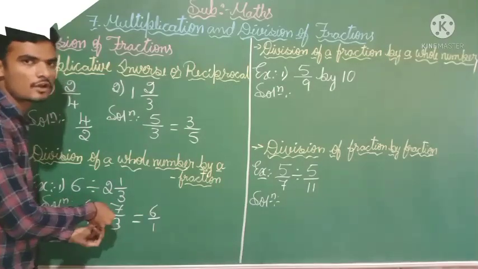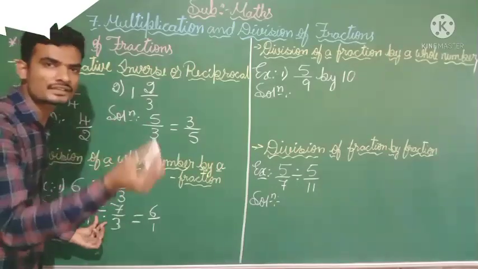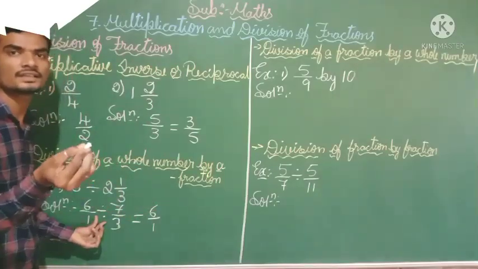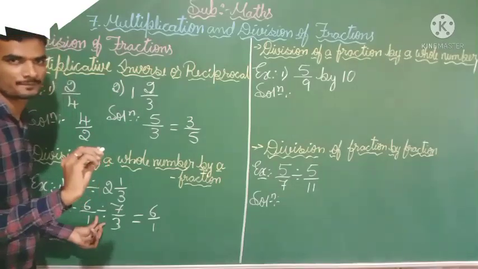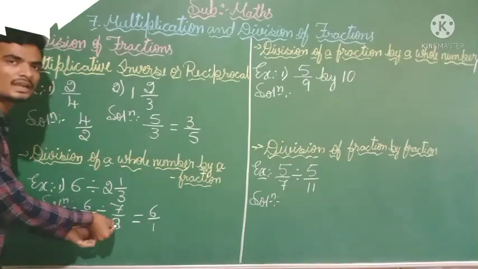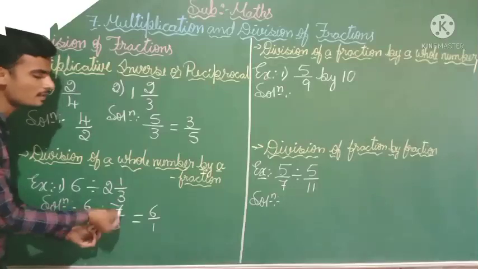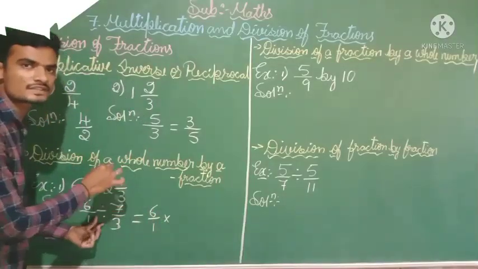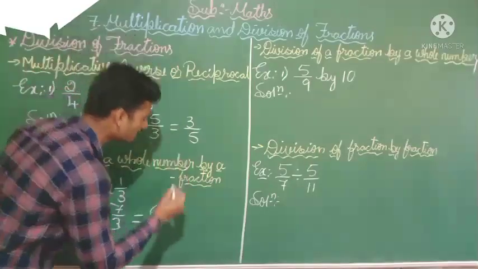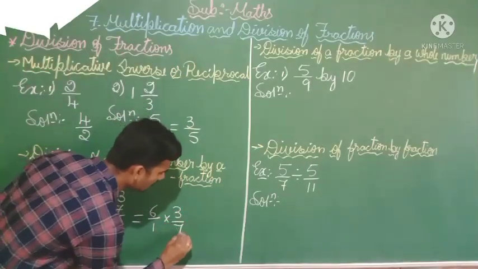So to change this operation, what will the second fraction become? It will become its multiplicative inverse. So what is the multiplicative inverse of 7 by 3? The multiplicative inverse of 7 by 3 is 3 by 7.